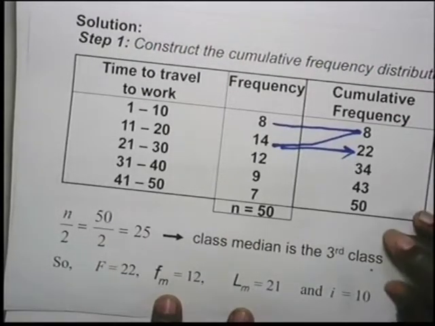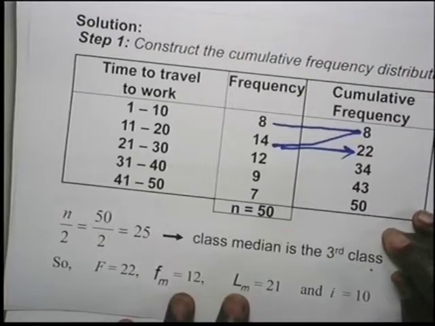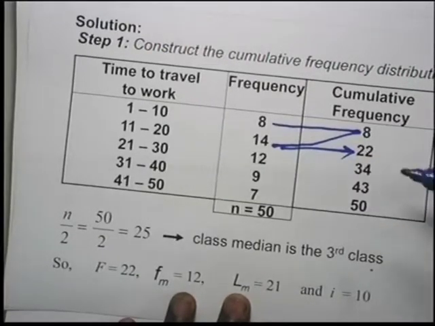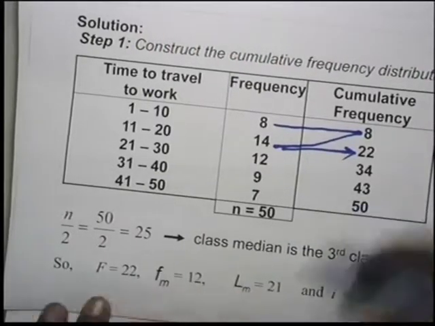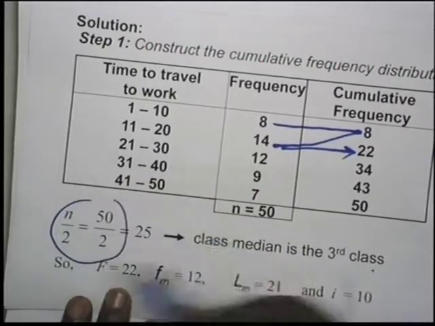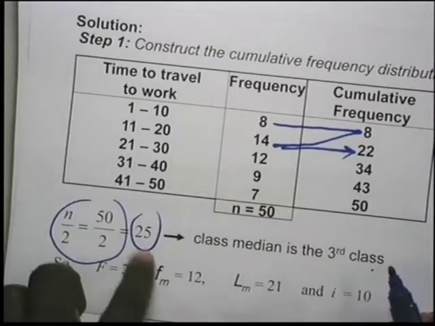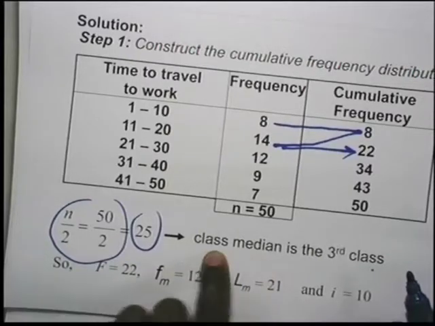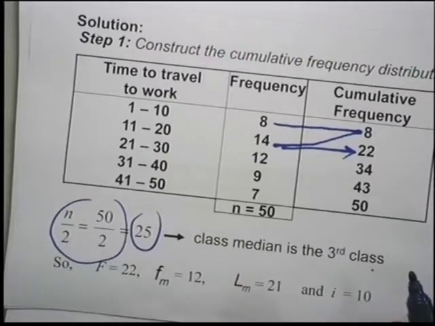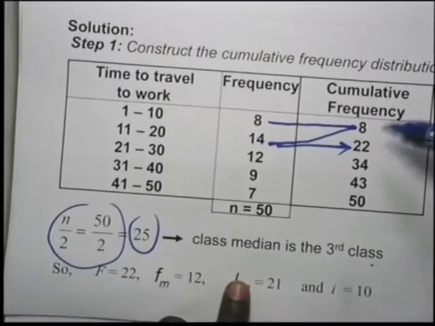Now, having done that, we need to find the median, which is the middle part of those numbers. So how do we get it? If this is the cumulative frequency, we simply divide n by 2, which we have done here, and we get 25. So 25 is the class median. What it means is that when we go back to our cumulative frequency column, we need to look for where we find our 25.